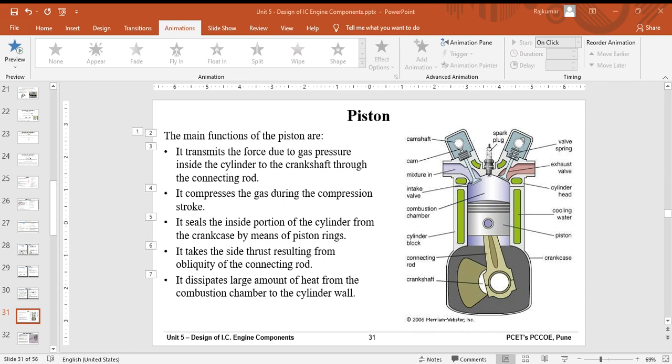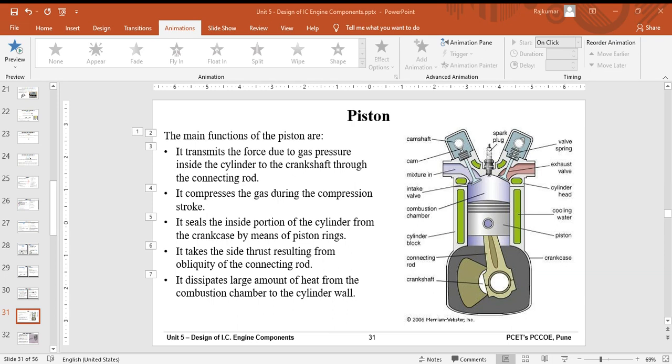Then the amount of heat conducted through the piston head is given by H is equal to C into HCV into m into brake power BP into 10 raised to 3, where C is the ratio of heat absorbed by the piston to the total heat developed by the cylinder. That ratio is generally taken as 5%, or C is equal to 0.05.